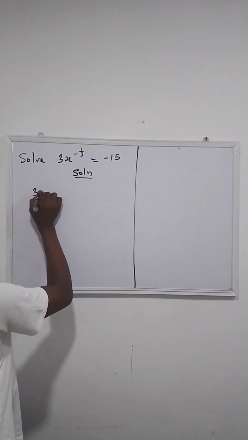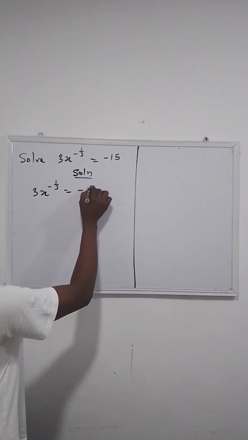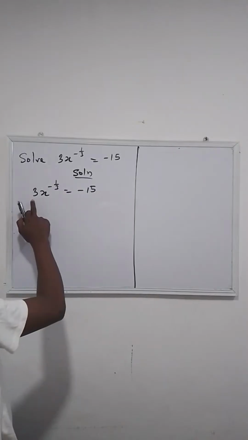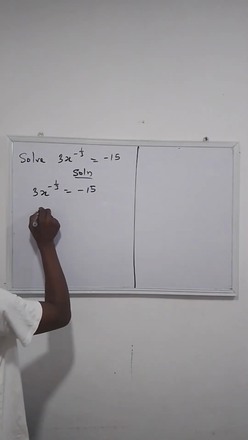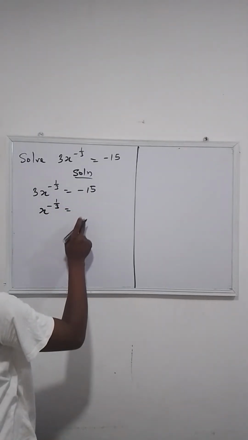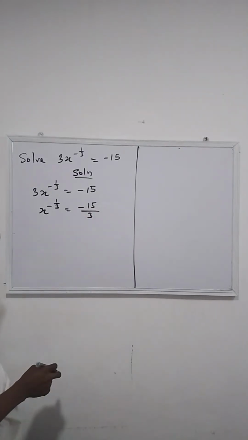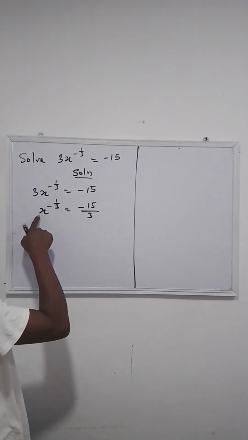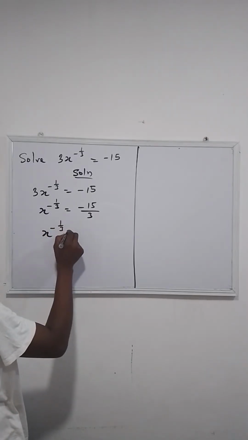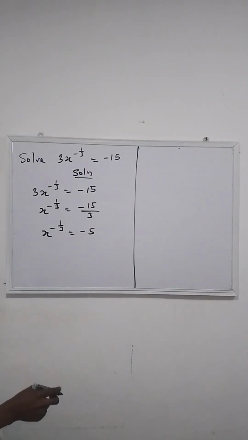Now we have 3x raised to the power of negative 1 over 3 equals negative 15. Now what's the first thing? The first thing is to divide both sides by 3. So we have x raised to the power of negative 1 over 3 equals negative 15 over 3, because we actually want to make x the subject of the formula. So we have x to the power of negative 1 over 3 equals negative 5. All right.